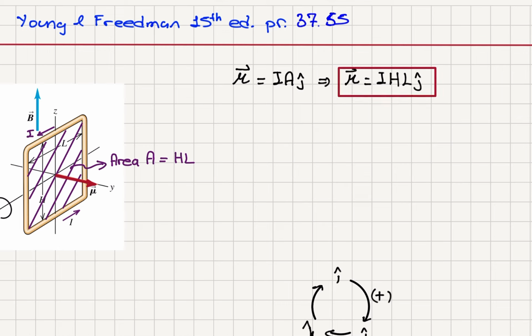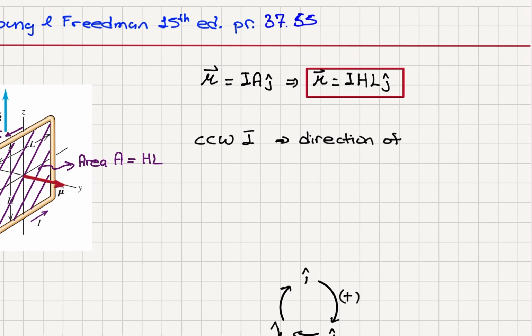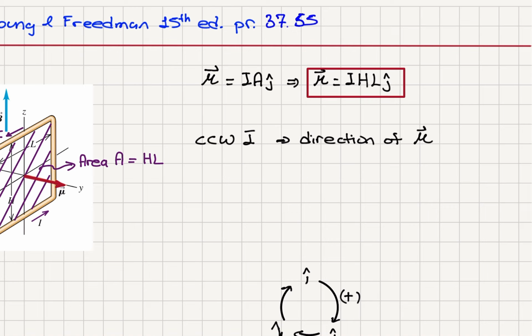The counterclockwise current determines the direction of mu. So the direction of the magnetic moment vector is determined by the right-hand rule.